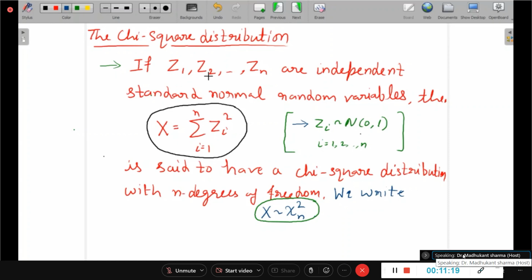Now you square each one and then take the sum. Of the n independent standard normal variates, you square each one. If you recall that if x and y are independent, then so are their functions, so z1 squared, z2 squared, and so on up to zn squared are also independent random variables.